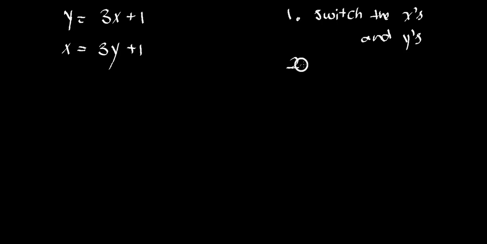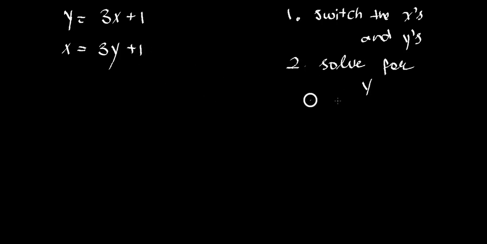The second step is to basically solve for y. Make y by itself. So move all these other numbers to this side.